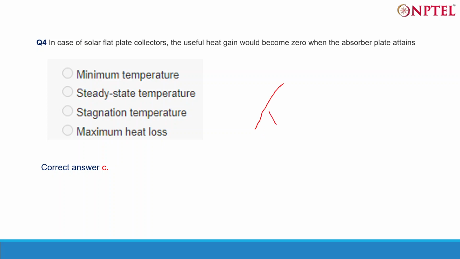Heat gain will be there because there will be a temperature difference. But when there is a stagnation temperature, the heat gain will be zero, because the temperature has become stagnant, no increase in temperature. So option C is correct here.